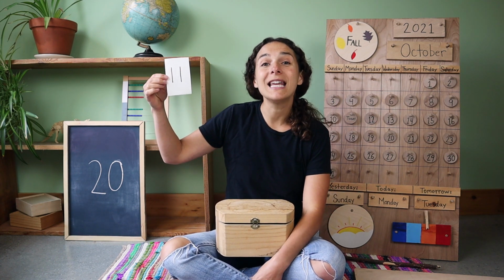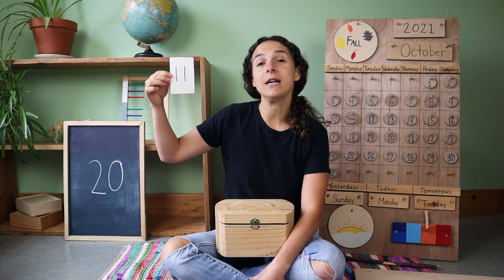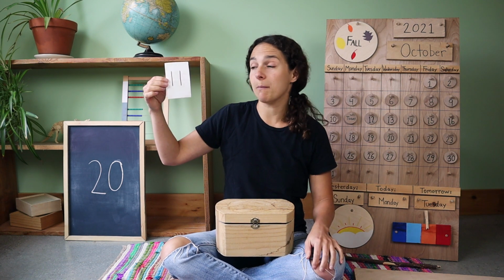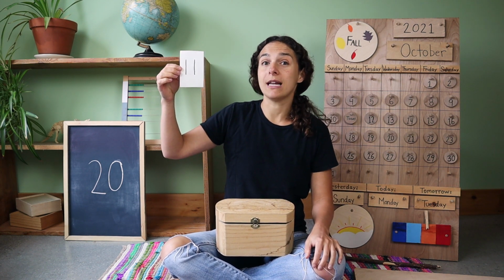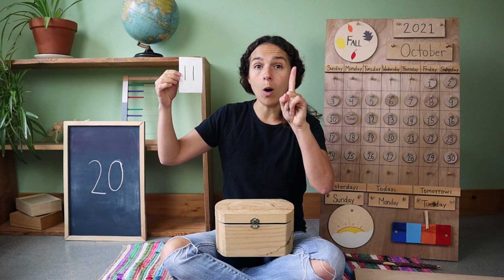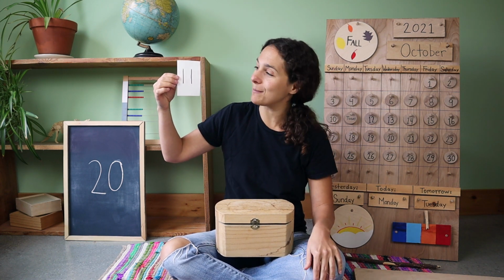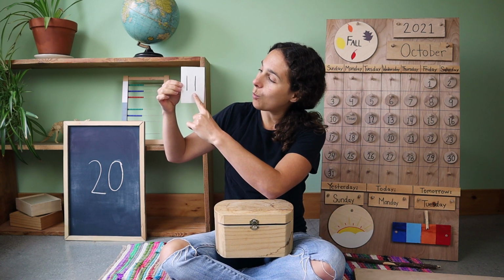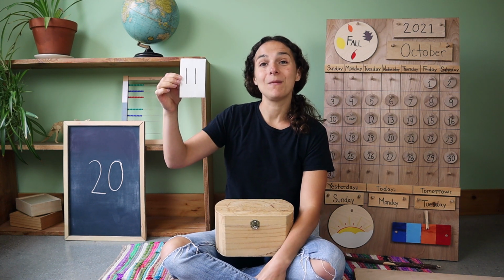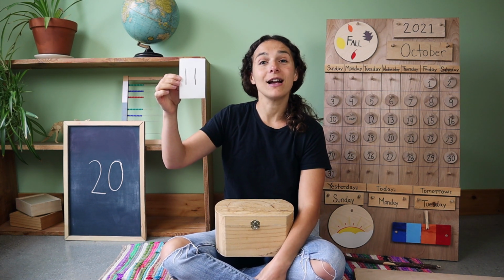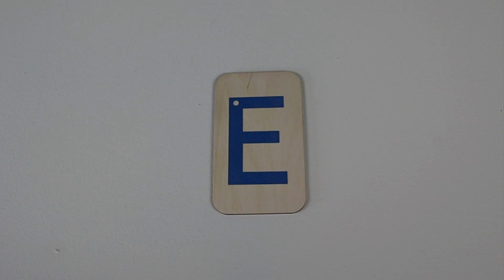This is the number 11. Now, the number 11 is a double-digit number. And when you look at the number 11, you see the number 1 written 2 times. 1, 1. 11. 11 starts with the letter E. This is how you write in uppercase, E.